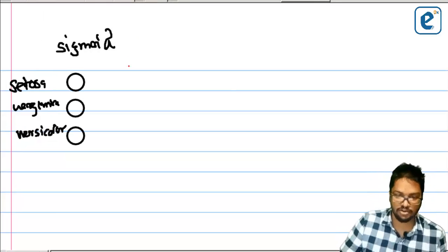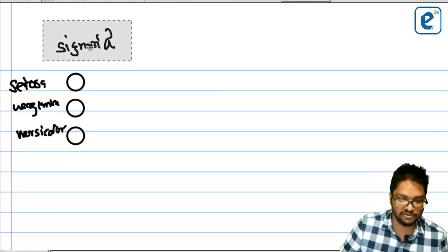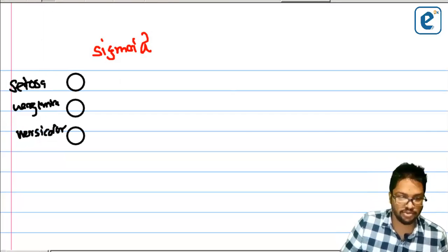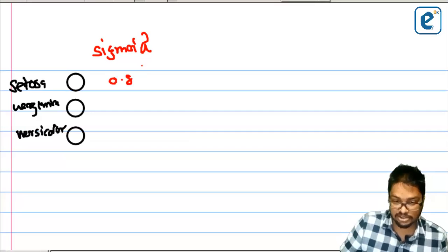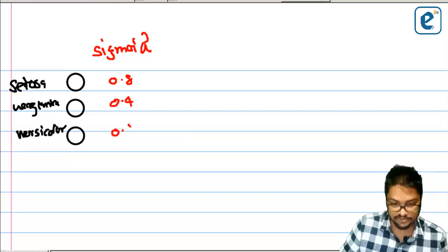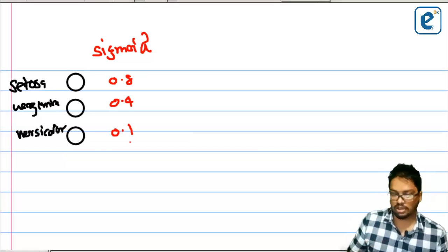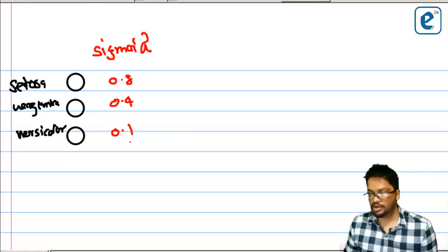If you have the sigmoid activation at the last layer, you are going to get values between 0 and 1, like this.